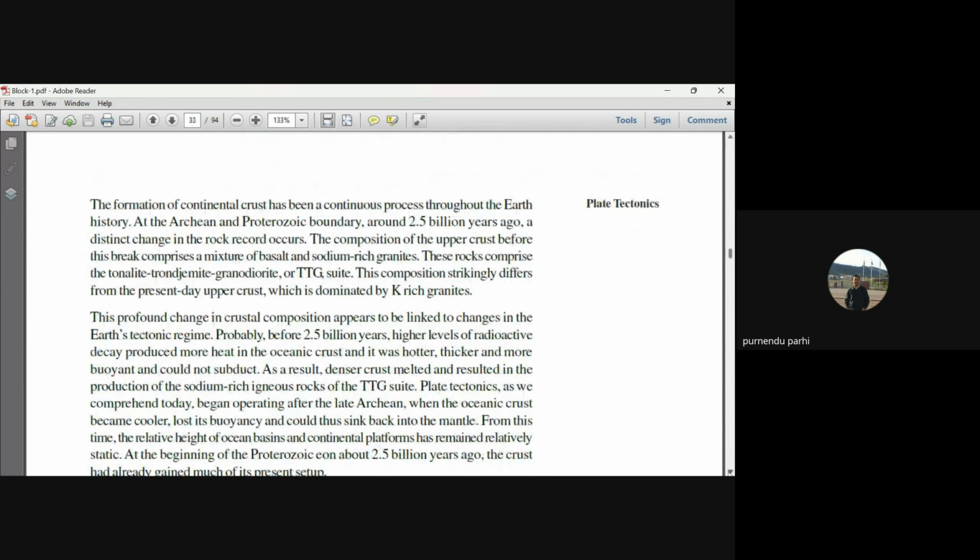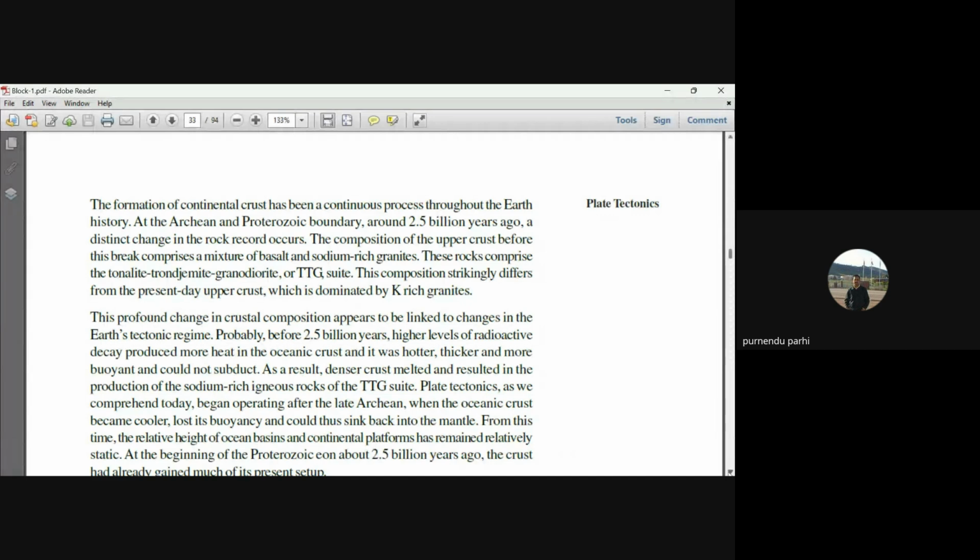The formation of continental crust has been a continuous process throughout the Earth's history. At the Archean and Proterozoic boundary, around 2.5 billion years ago, a distinct change in the rock record occurs. The composition of the upper crust before this break comprises a mixture of basalt and sodium-rich granites.